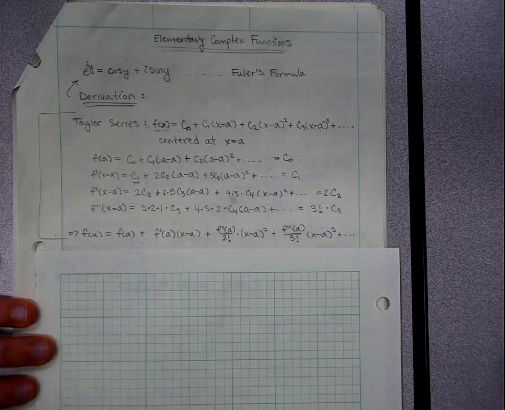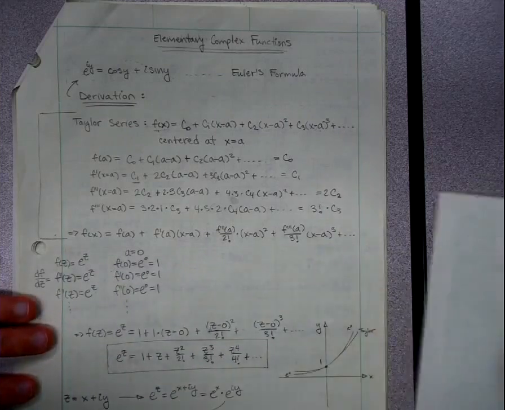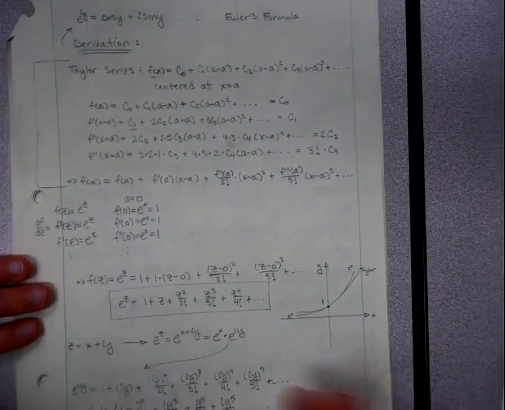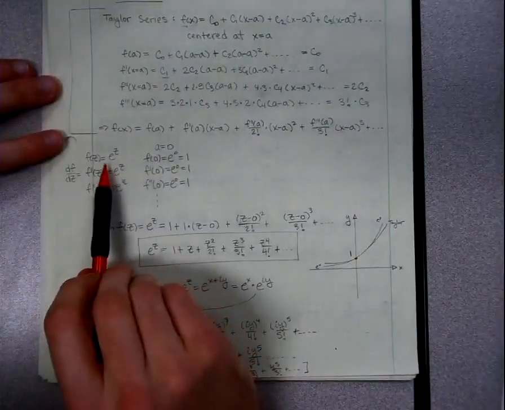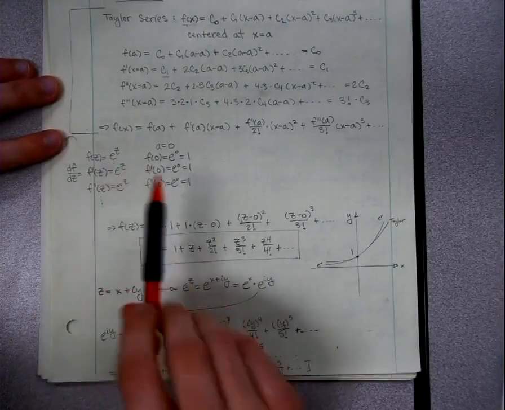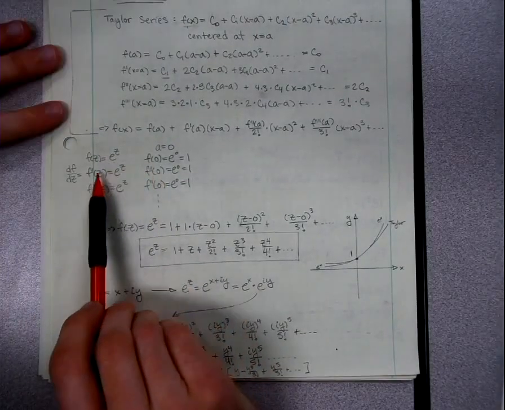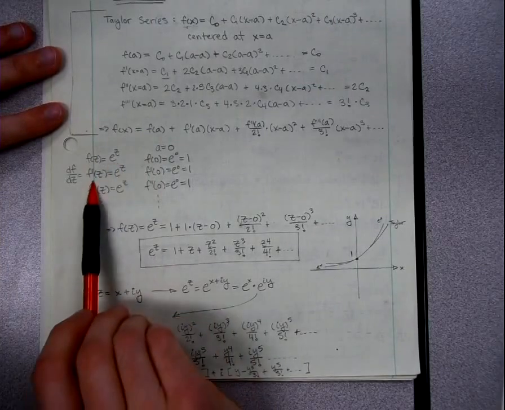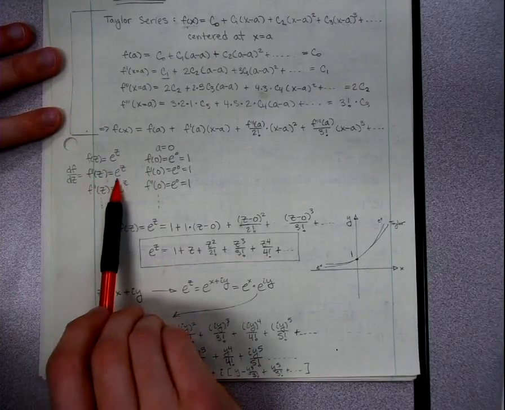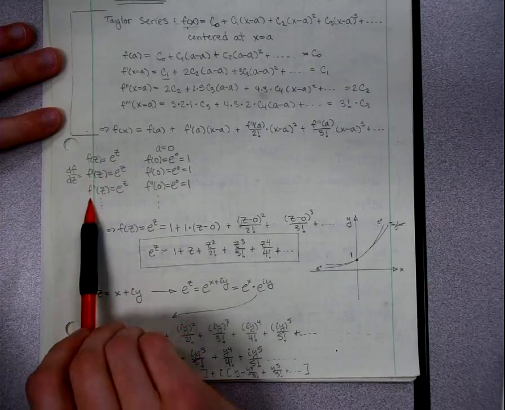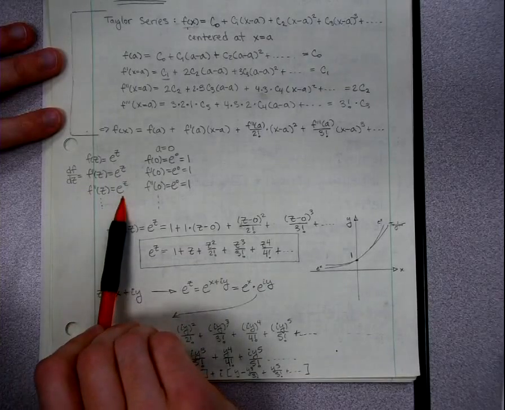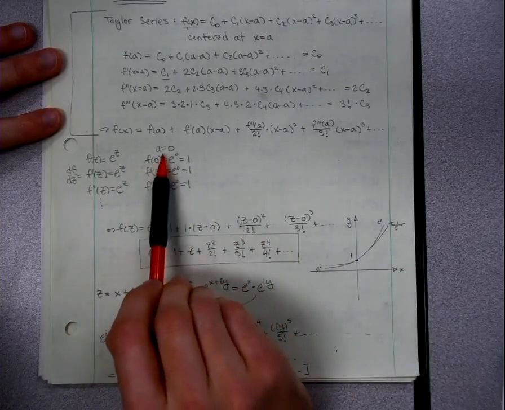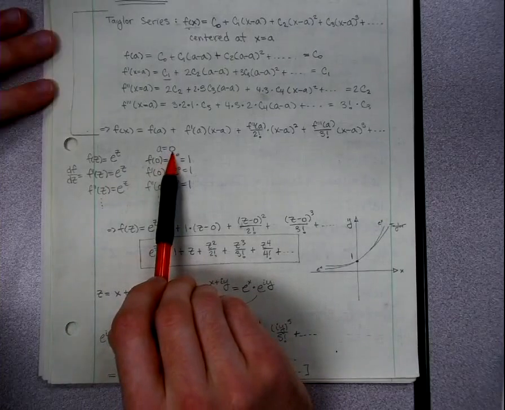So our first step in deriving Euler's formula is to do a Taylor series for e to the z. So we have our function, we take the derivative of our function, e to the z, we take our second derivative, e to the z again, and then we plug in a value of a equals 0.